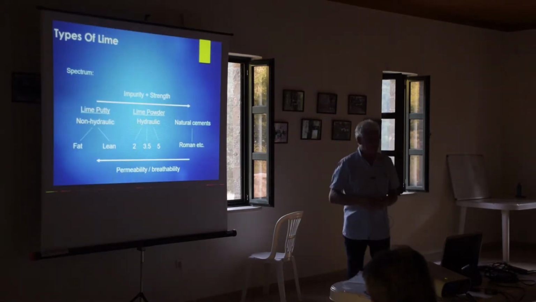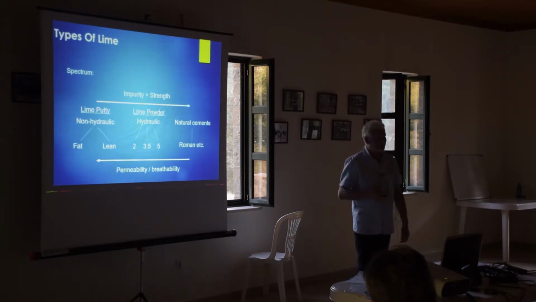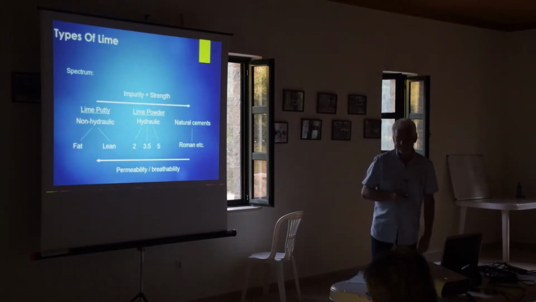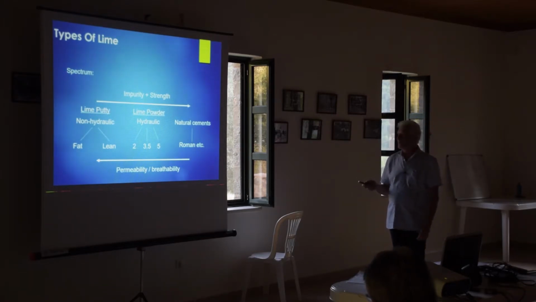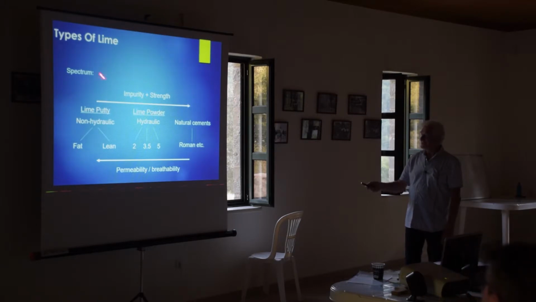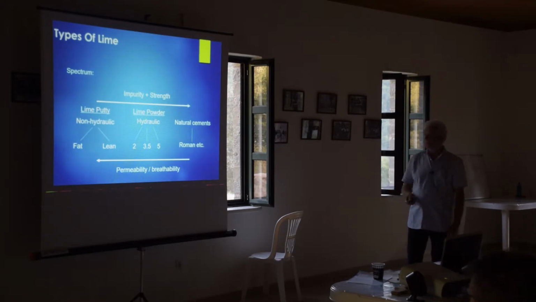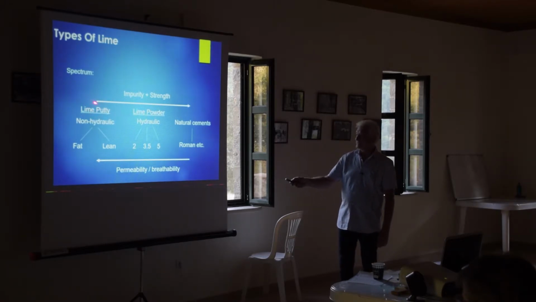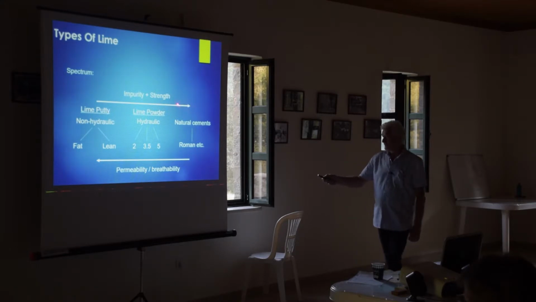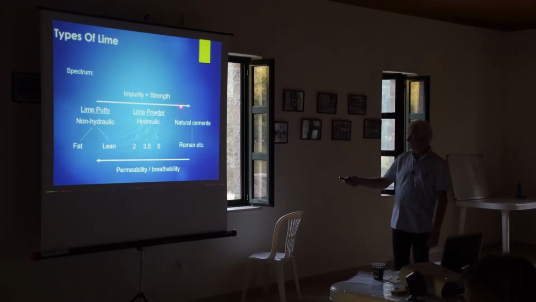Everything that was on that last slide we've already covered in what you've asked, so there's no point in going through it. So let's have a look at this spectrum. The top heading says impurity and strength. If we start with lime putty, which is non-hydraulic lime, it has very few impurities but very little strength.